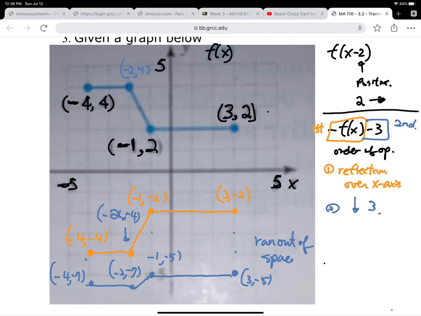Alright, looks like I've got a lot to erase. Okay, third one. 1/2 f of x plus 1, right? So I'm going to erase some of these so we have a fresh graph.